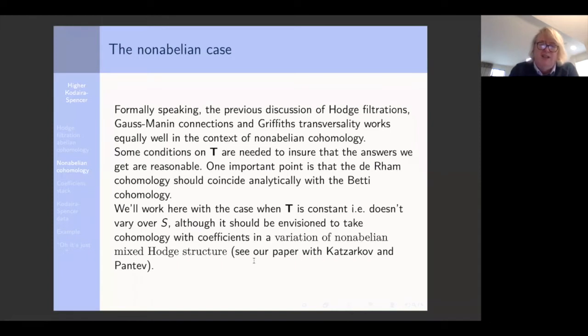We can just replace cohomology with this non-abelian cohomology. We need some conditions on T to ensure that the answers that we get are actually reasonable. And one criterion for being reasonable is that we should have an analytic Riemann-Hilbert correspondence between the de Rham cohomology and Betti cohomology.